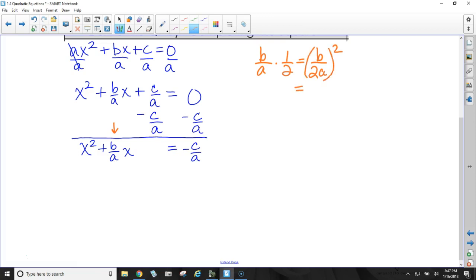So our magic number is b squared over 4a squared. We're going to add that to both the left-hand side as well as the right-hand side.